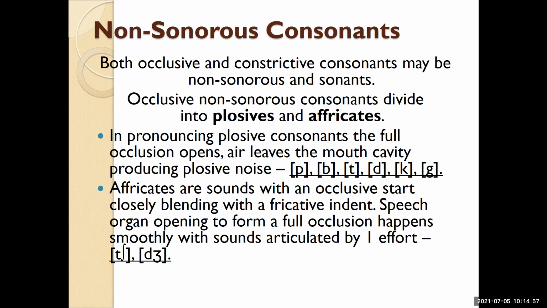And as I mentioned before, there are six: p, b, t, d, and k, g. And affricates, or occlusive-constrictives, are sounds with an occlusive start closely blending with a fricative end. Speech organ opening to form a full occlusion happens smoothly, with sounds articulated by one effort. They are ch and j.